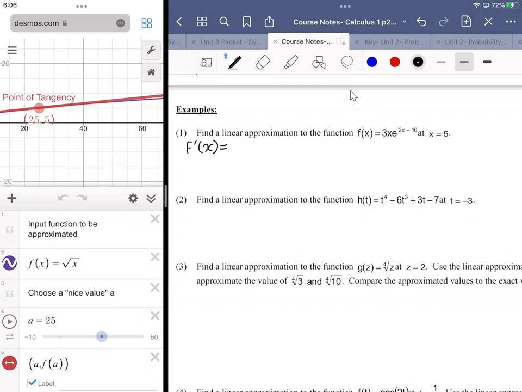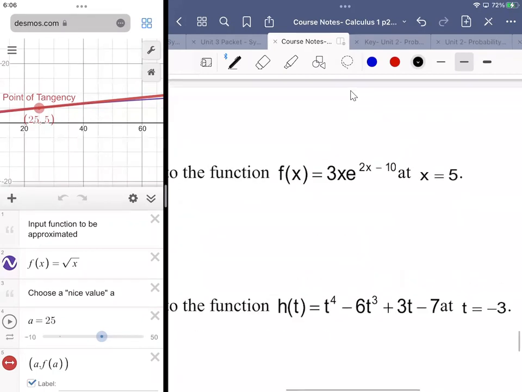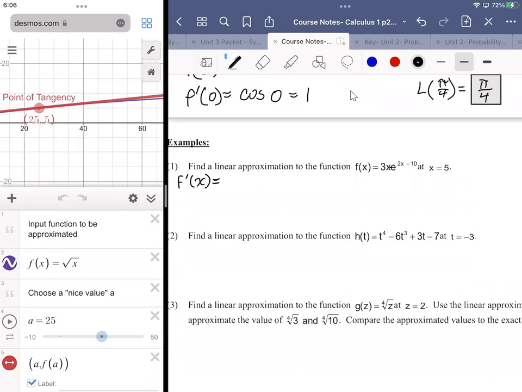There's no expectation that you would simplify or even use that derivative to do the computations, but we have 3x multiplied by e to the 2x minus 10. So we have the first function, which is 3x, and my second function, which is e to the 2x minus 10.